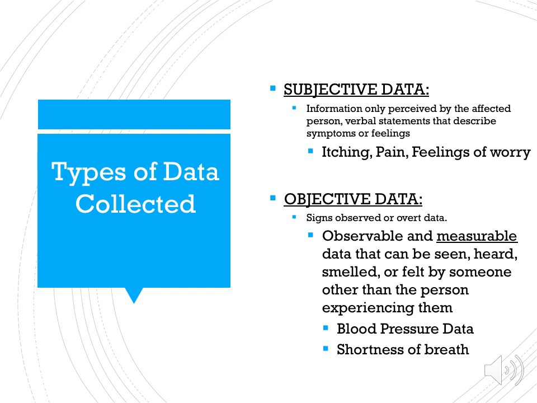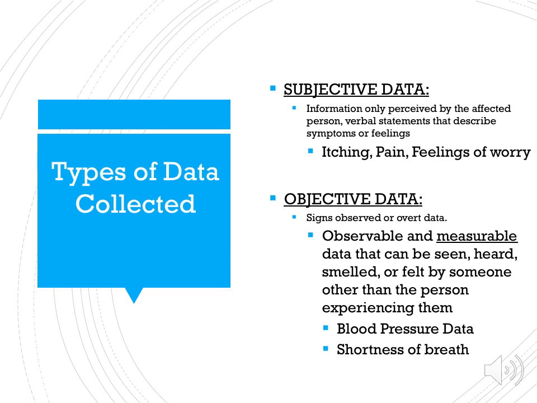So I feel itchy, I feel worried. Objective is going to be observed or overt data. So observable and measurable that can be seen, heard, smelled, or felt by someone other than the person experiencing them. Blood pressure, right? That's a clear, straight data right from the patient. Shortness of breath. I am visually seeing that that patient is short of breath, right?